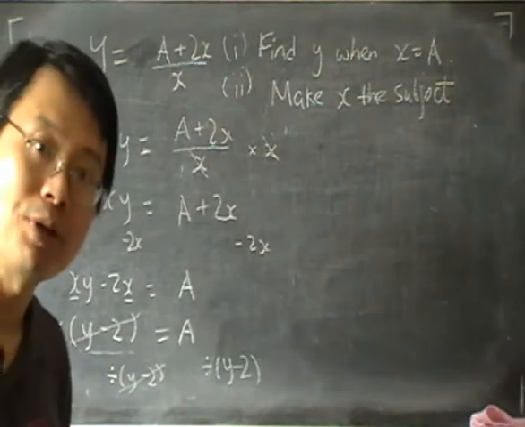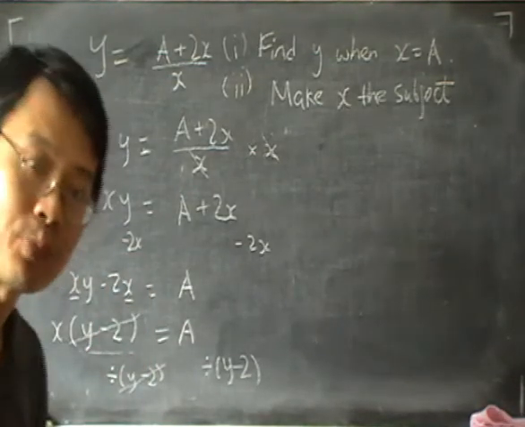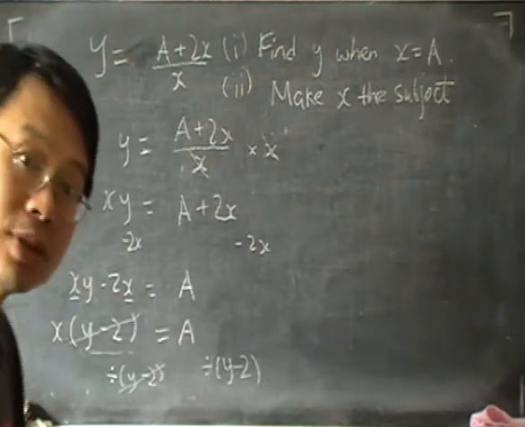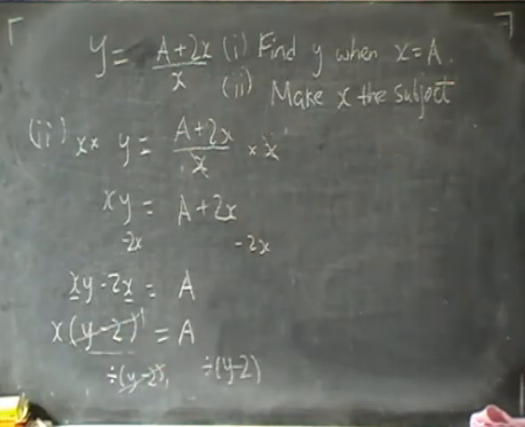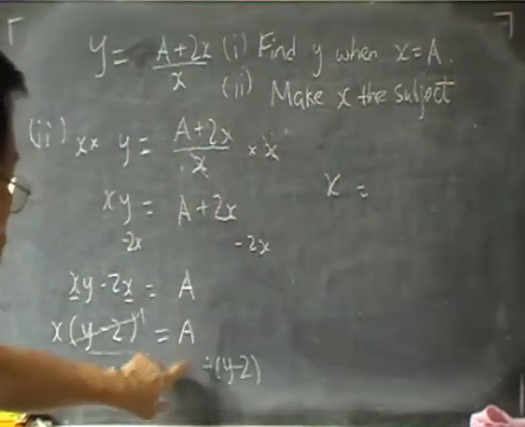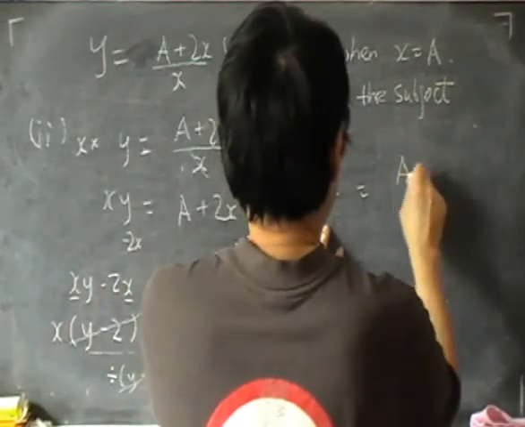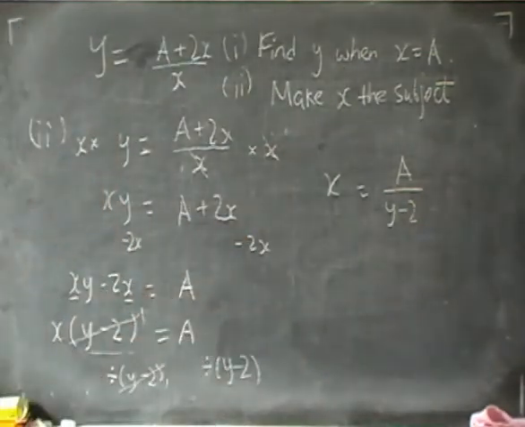That might seem like a very big thing to cancel, right? But as long as you remember that the whole bracket is one number, you're really just dividing that number by that number, and since they're the same number, you just get 1. So on the left side, we have just x now. And on the right side, I have a divided by y minus 2. I can write that as a over y minus 2. The same answer as before.